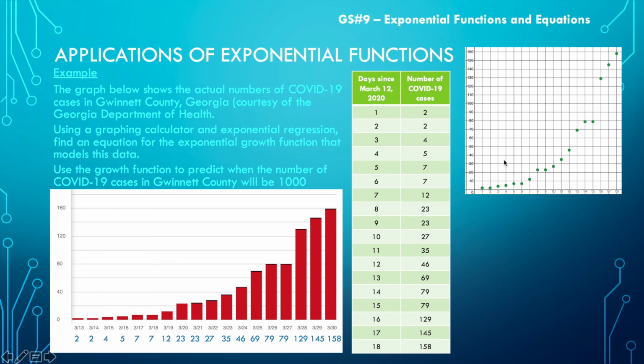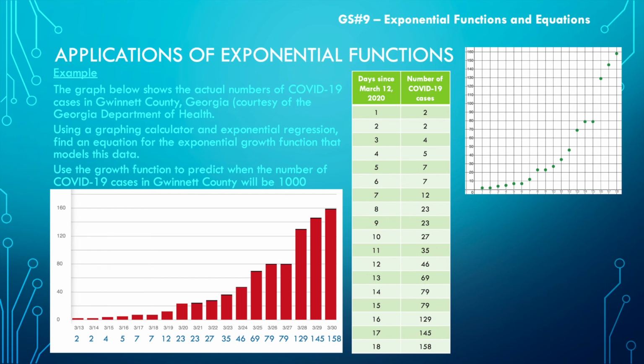But if you actually drew a line here, you're kind of missing a lot of the data. This part of the graph kind of shows a curve, right? And so this really kind of does look exponential in its characteristics. And you all have heard that the growth of this virus is exponential.